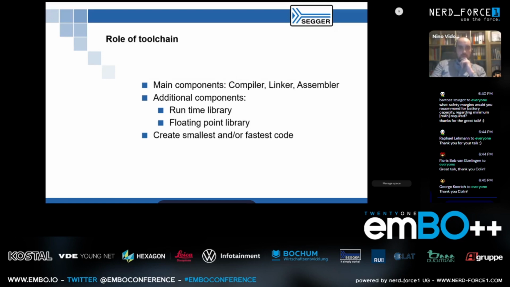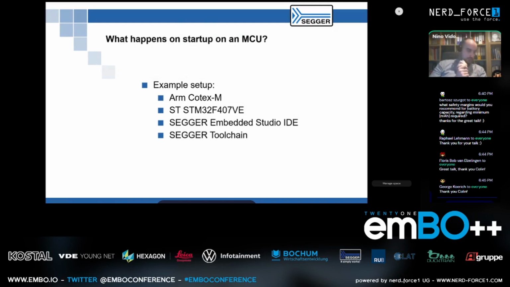So to get a better understanding of where we can improve our code and why a toolchain where all the parts work well together is important, let's talk about what happens on such an MCU startup.